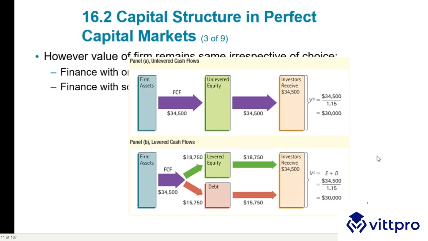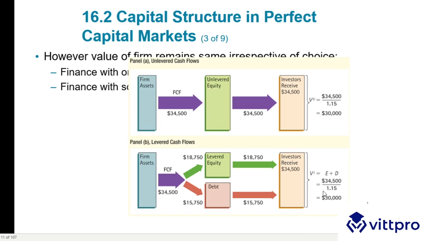So they say the value of the firm has to remain the same, whether you use this model with half levered equity and debt, or you use 100% equity. In this case, you are using 1.15 for both equity and debt, but debt is only at 5%. It means the cost of equity will increase from 15% to something else that will make it the same at $30,000.